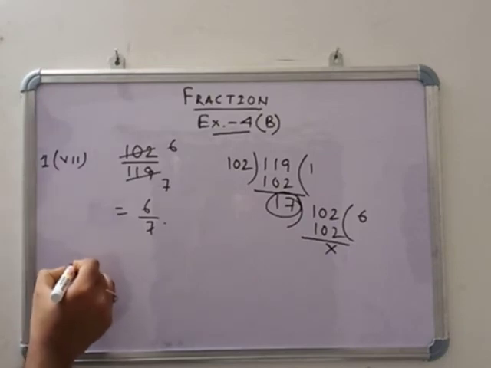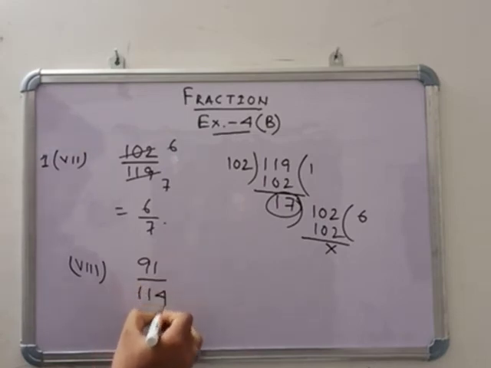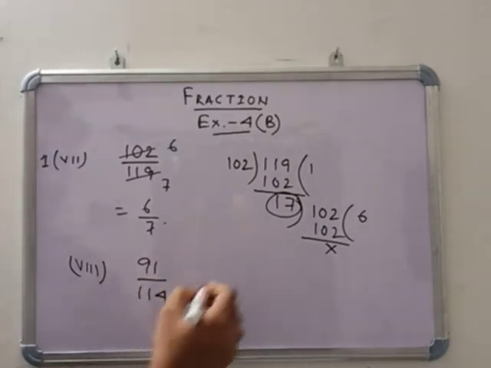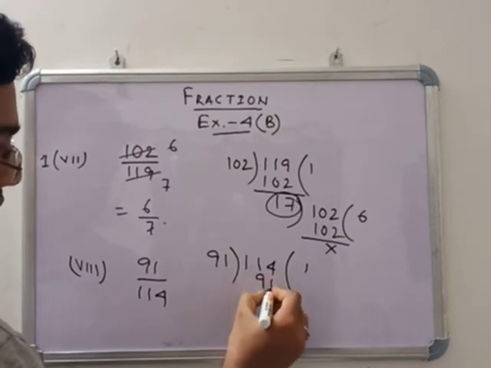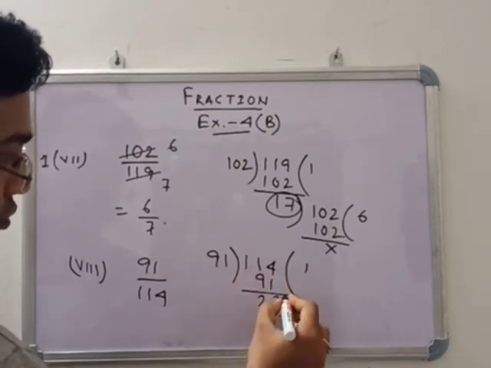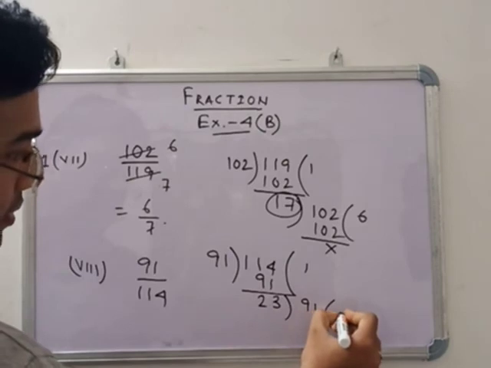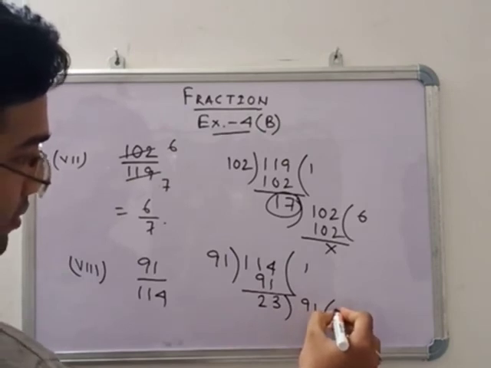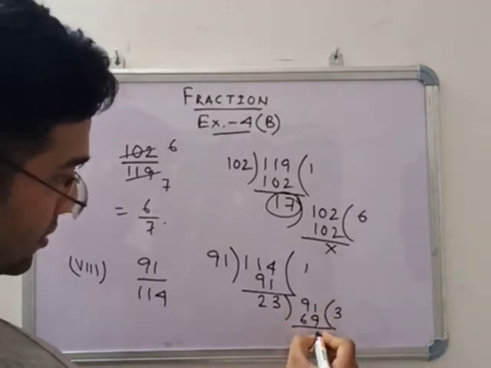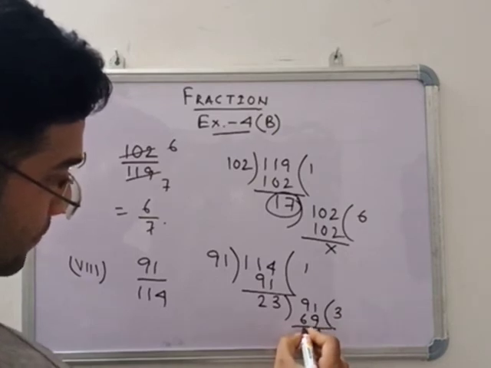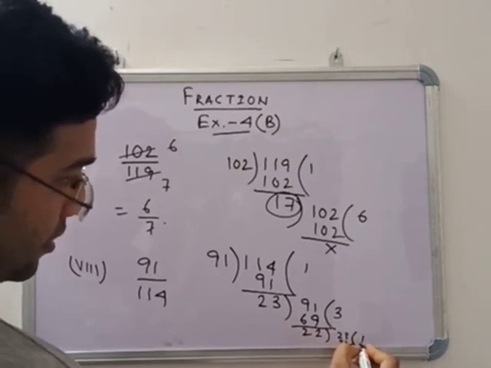Now in the last one, number 8, 91 by 114. We divide 114 by 91, and continue the division.